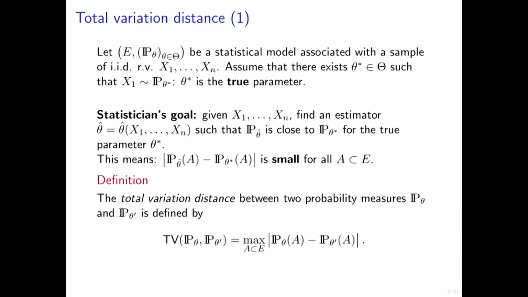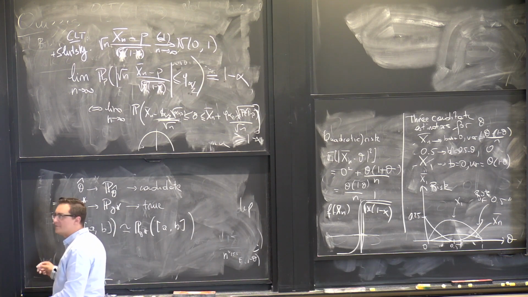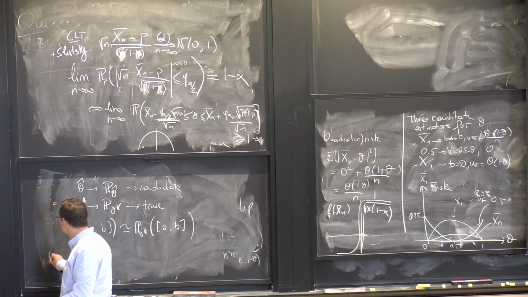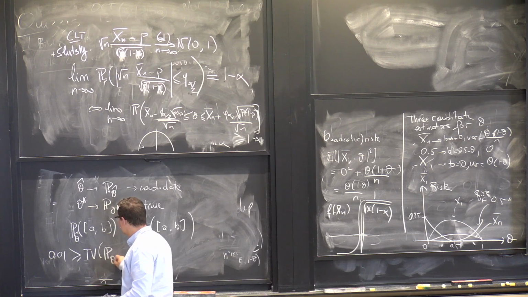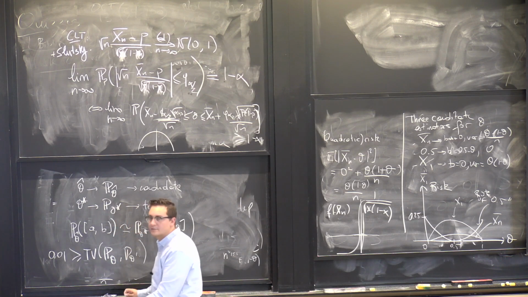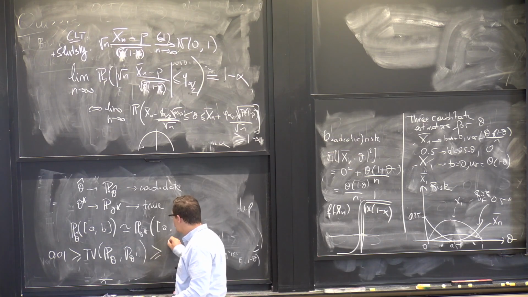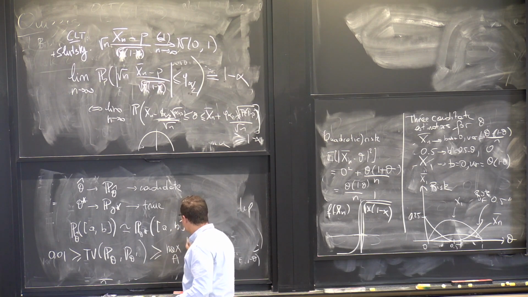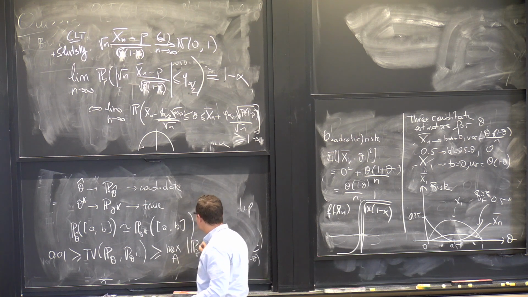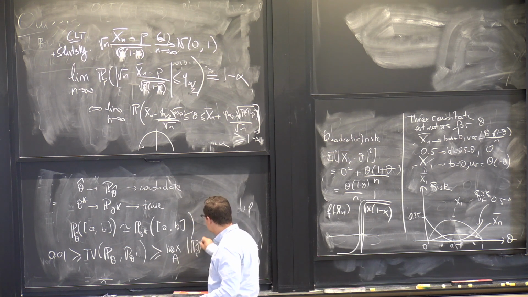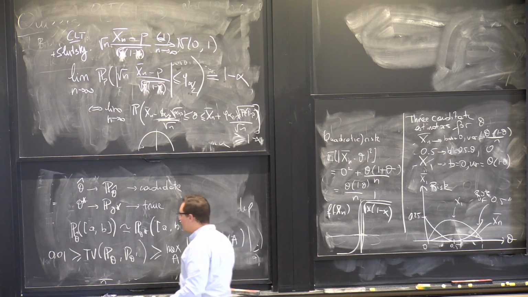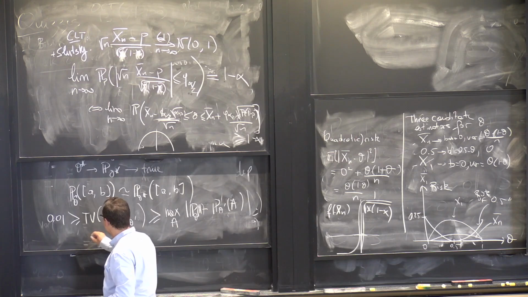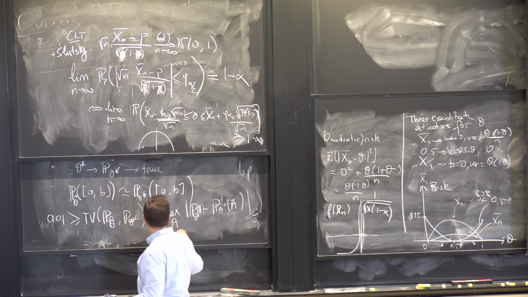All right, so let's say I just found a bound on the total variation distance, which is 0.01. All right, so that means that this is going to be larger than the max over A of the difference between p theta of A and p theta prime of A. Okay, so which means that for any A, actually let me write p theta hat and p theta star like we said.